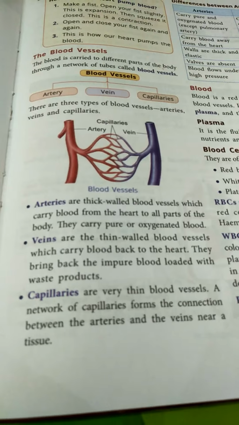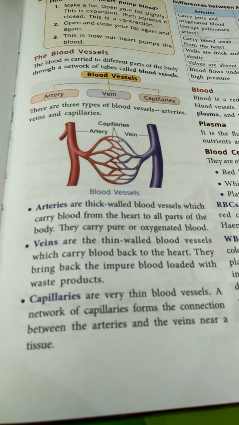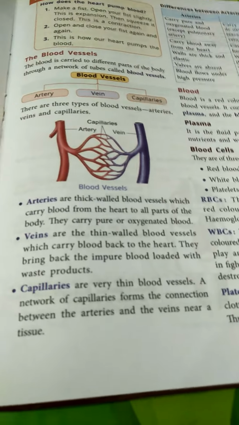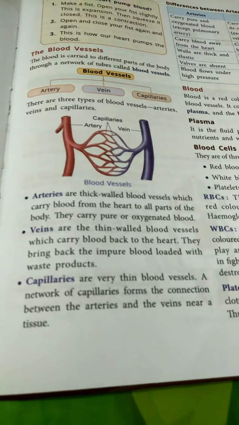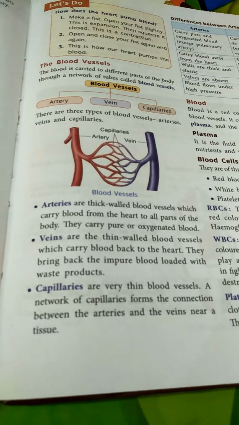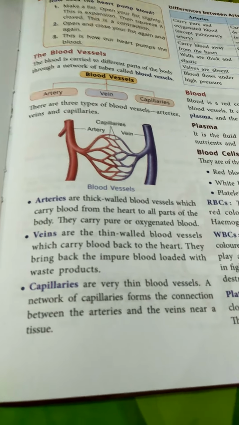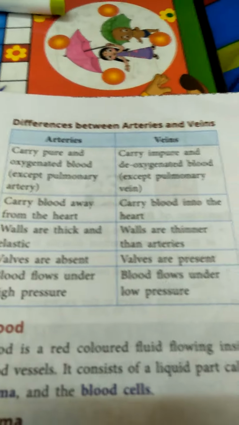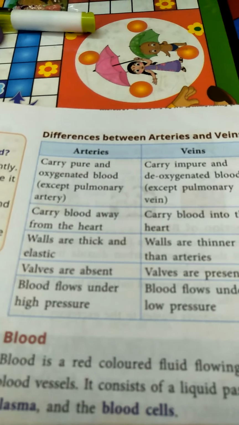They bring back the impure blood loaded with waste products. Capillaries are very thin blood vessels. A network of capillaries forms the connection between the arteries and veins near a tissue. Here is the difference between arteries and veins.